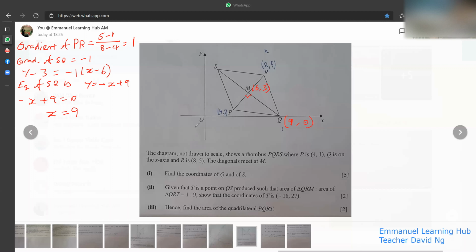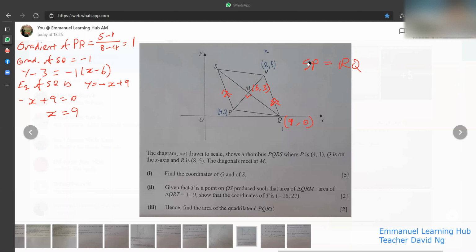And then from here, you need to know that the translation from Q to R is the same translation from P to S, because this is a rhombus. These two lines are parallel. Not just parallel, same length. The length of SP is equal to length of RQ, because it's a rhombus.